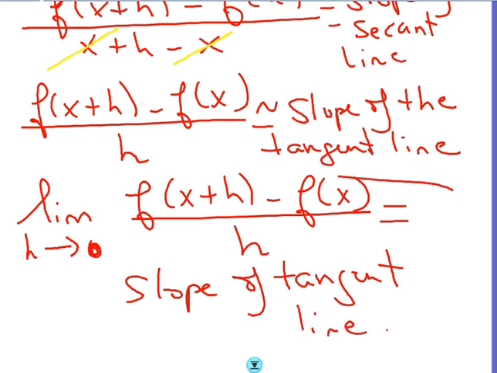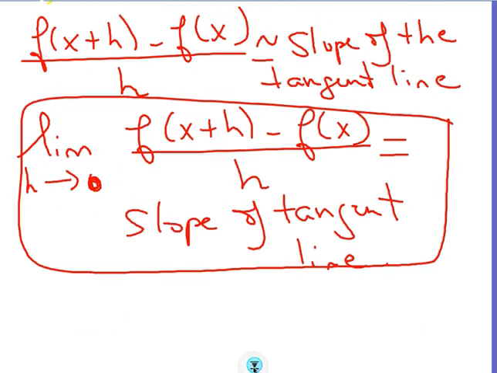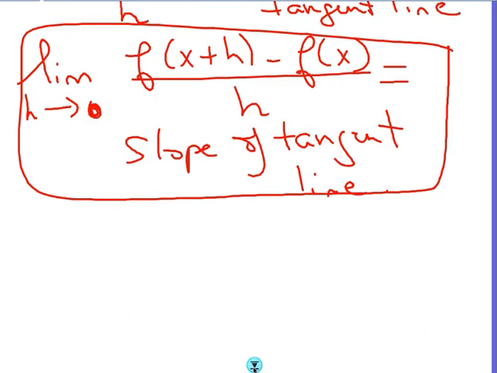So actually the derivative is nothing but the slope of the tangent line, or you can say it's the slope at a point on any curve. So it is the instantaneous slope at a point on any curve. We will denote the derivative of a function by f prime of x.